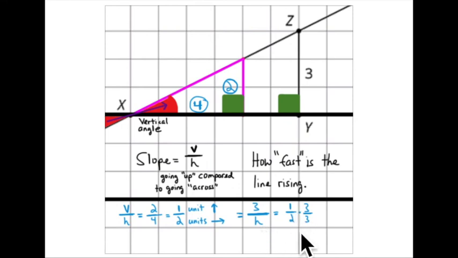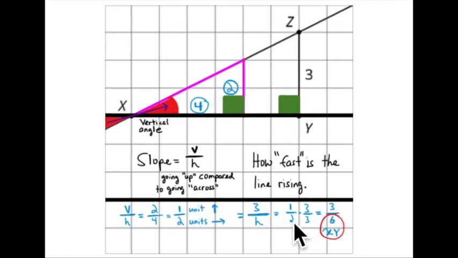So an equivalent ratio to get to 3, you multiply by 3 over 3. So 3 times 1 is 3. And 3 times 2 is 6. So this is an equivalent ratio to 1/2. And that makes the length of x, y 6 units. So you're using similar triangles, in this case slope triangles, to figure out unknown lengths by using that relationship called the slope.